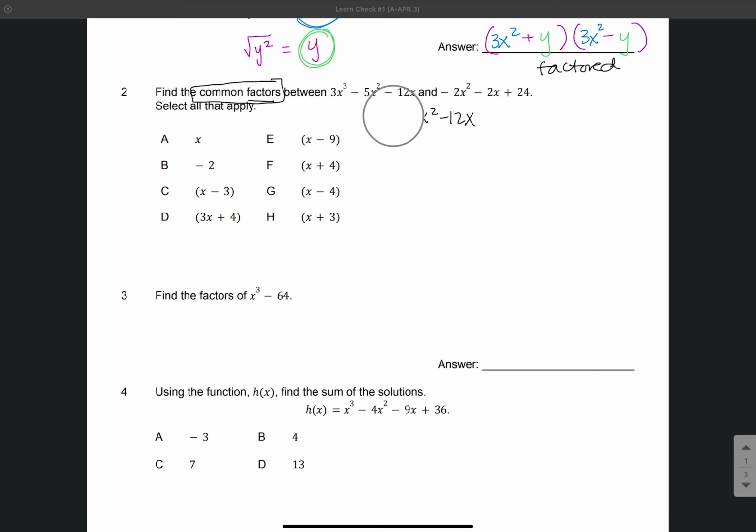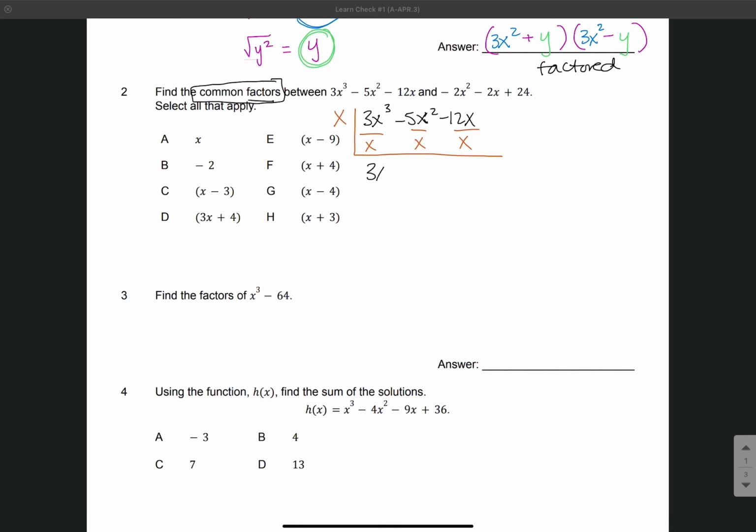So first thing we always check for is a GCF. So I notice that I have an x in common because all these terms have an x. And that's really it. That's all I have in common is an x. So then I'm going to actually divide.